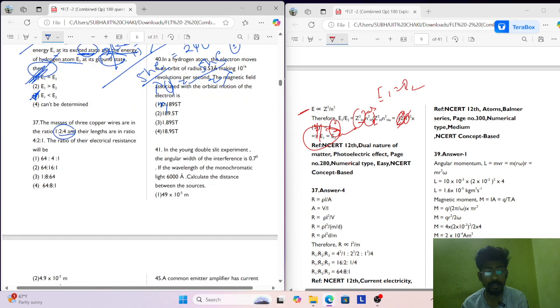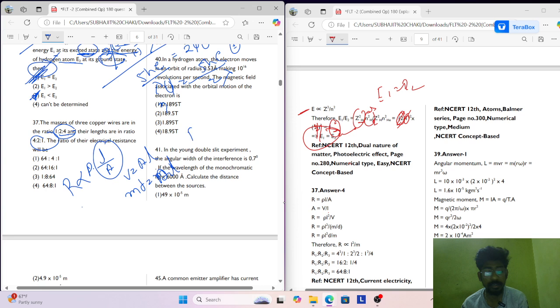Mass, length ratios are given. Okay, R is proportional to rho into L by A, we already know this. And we already know V equals A into L. V is equal to mass by density, which is A into L, right?